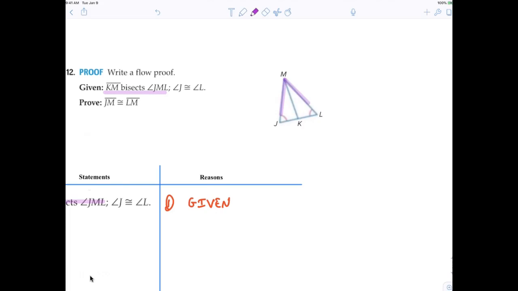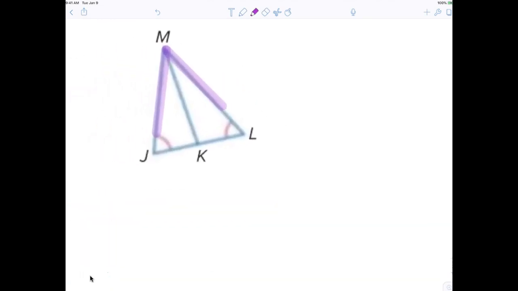They're equal. So now I want you to look at JML, and I want you to look at KM, and because KM bisects JML, what's true? No, that's marked. I don't care about that. KM bisects JML. So you told me that creates two things that are equal. What two things are equal? On this figure right here.